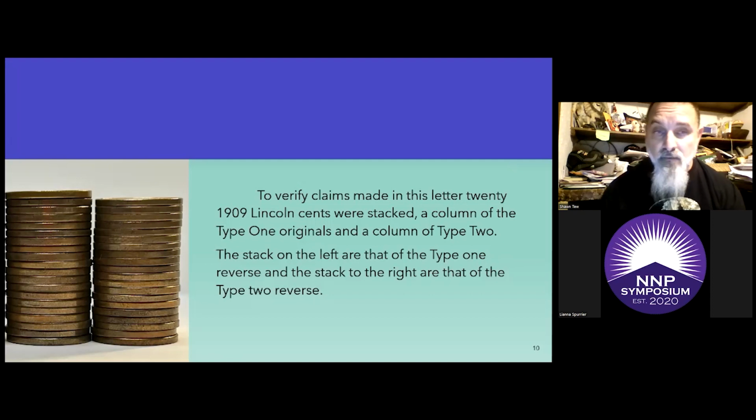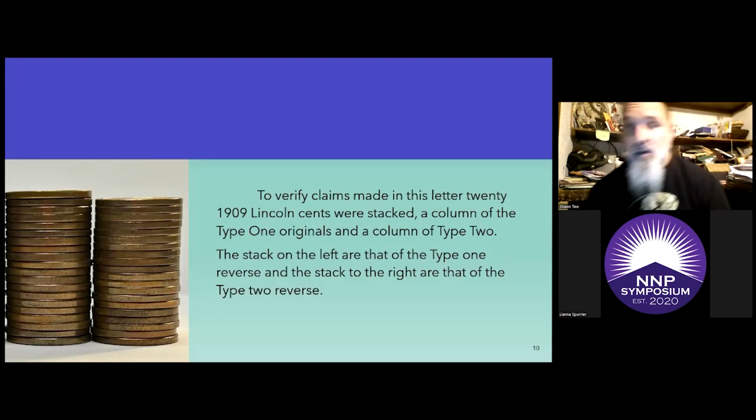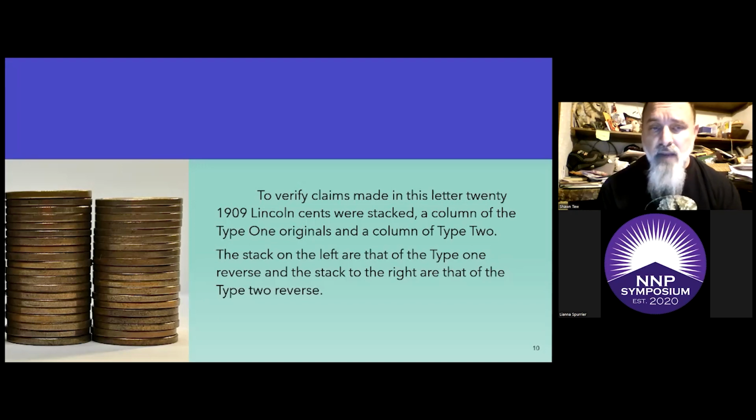It was having problems going through some of the machines, and Barber made the change on the reverse, and the stacks that are on the right are going to be the second design, which has a clear N and a lower E, and the ones on the left have a thicker filled in N, and the E of America is level.